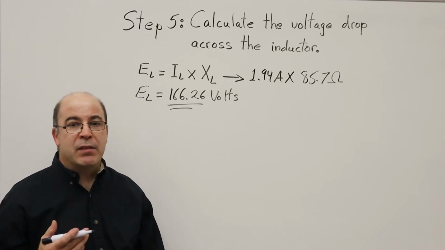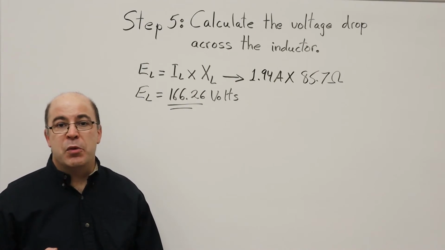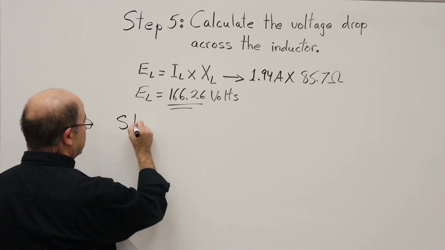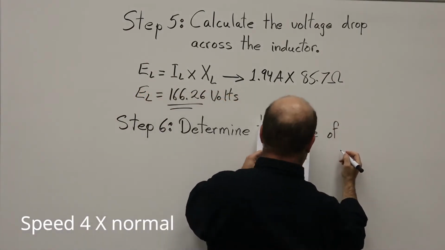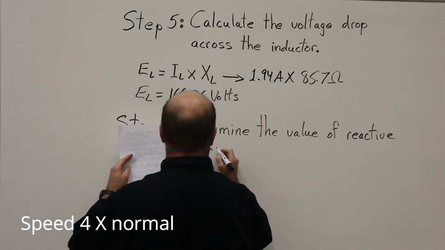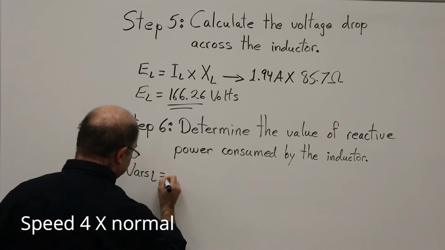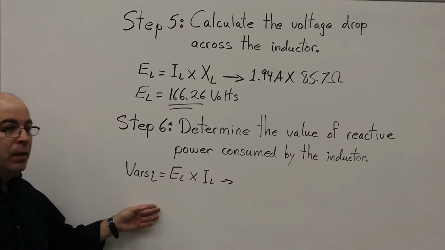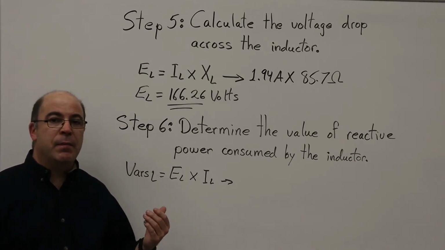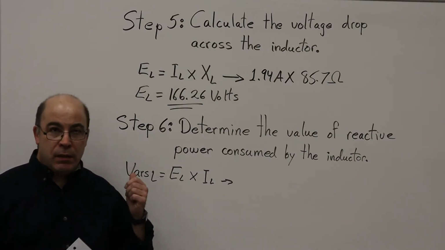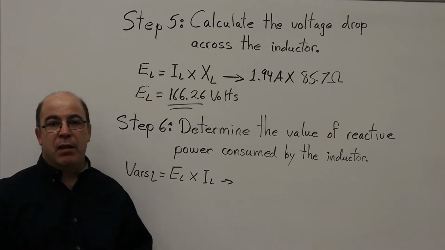which will be to calculate the amount of reactive power, or VARs sub L, that the inductors are going to absorb or consume. Again, we're using an Ohm's law formula where VARs sub L is equal to the amount of voltage drop across the inductor multiplied by the current of the circuit.